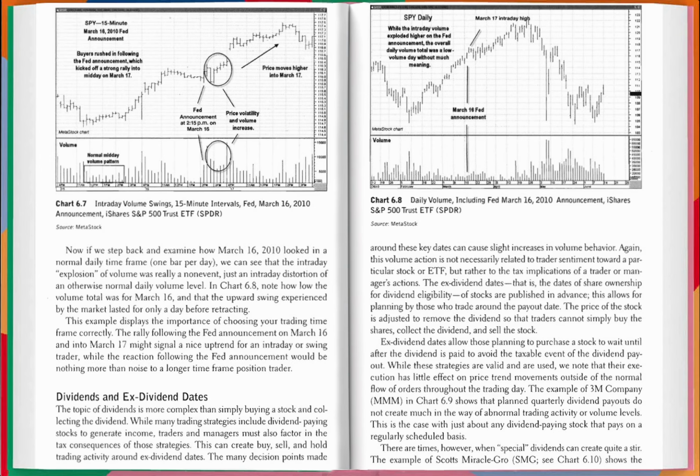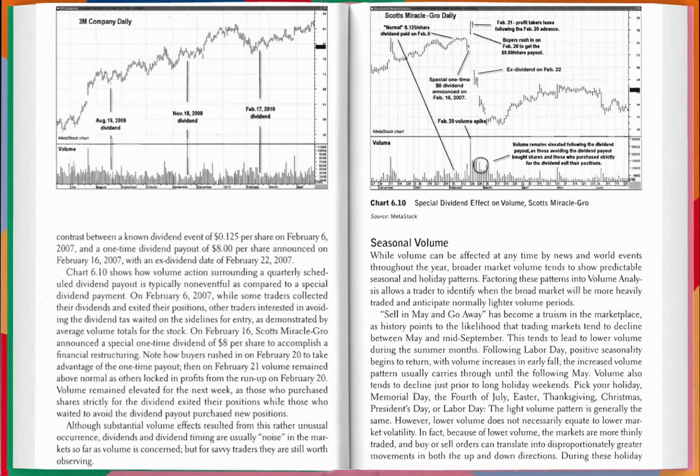See Chart 6.10 shows the contrast between a known dividend event of 12.5 cents per share on February 6, 2007, and a one-time dividend payout of $8.00 per share announced on February 16, 2007, with an ex-dividend date of February 22, 2007.